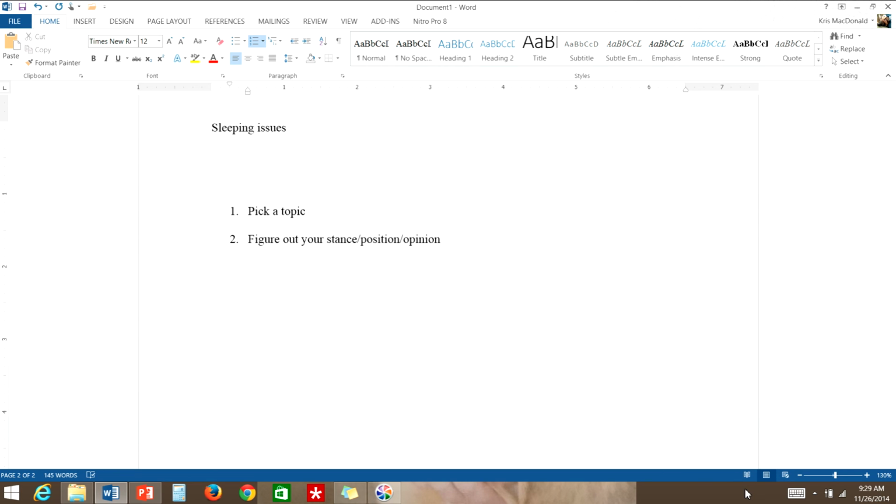They all mean the same thing about the topic. So, you know, if you pick smoking, well, what's your position on it? It's good, it's bad, it's horrible, it's wonderful. That's your stance. That's your position. Step 3: create a thesis statement.